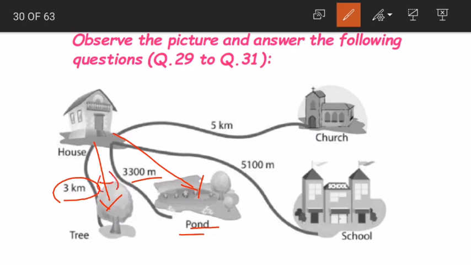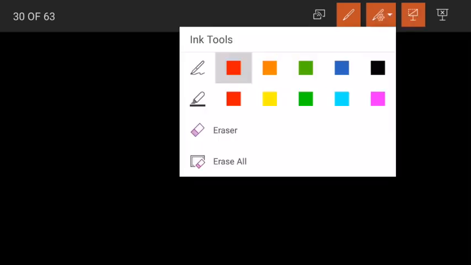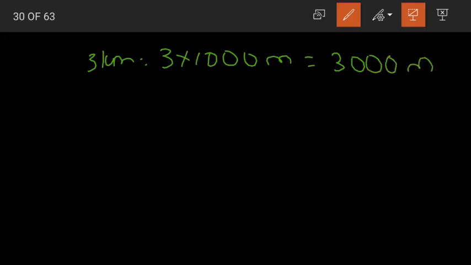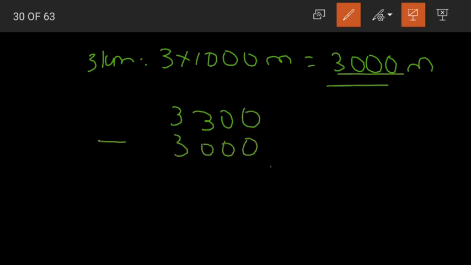That means we have to find out the difference of both the distances. 3 kilometers is nothing but 3 into 1000 meters, that is equal to 3000 meters. And what is our distance from the house to pond? It is 3300 meters minus 3000 meters, which is the distance from house to tree.